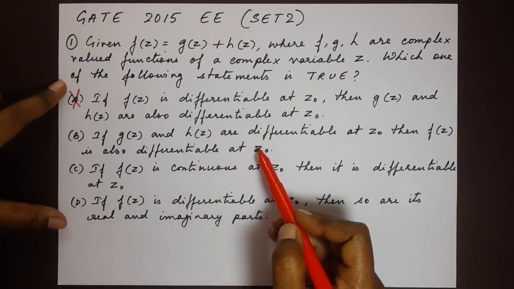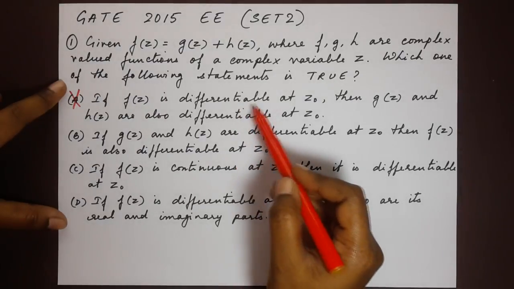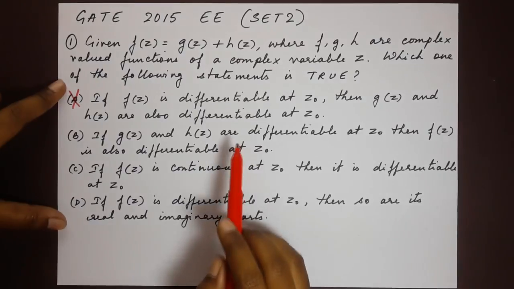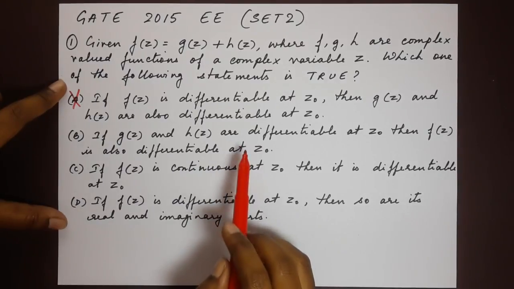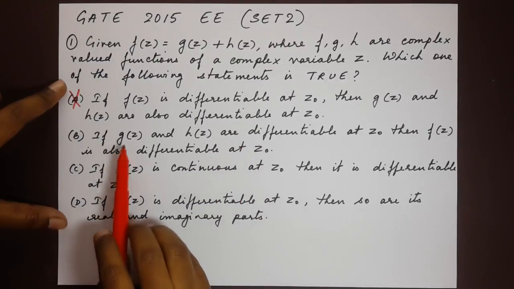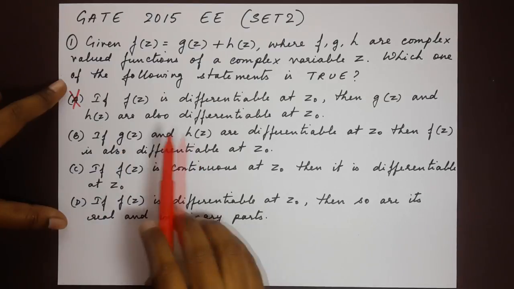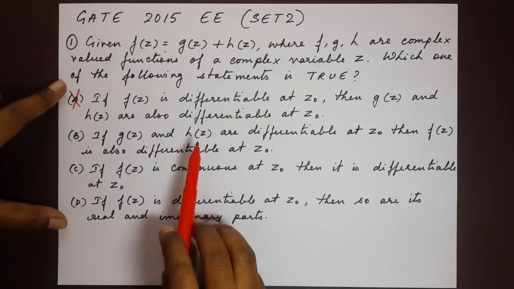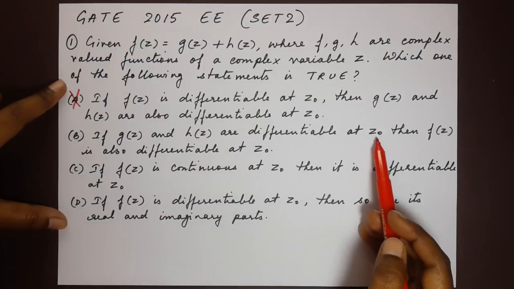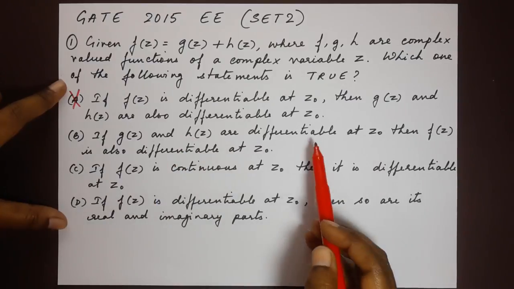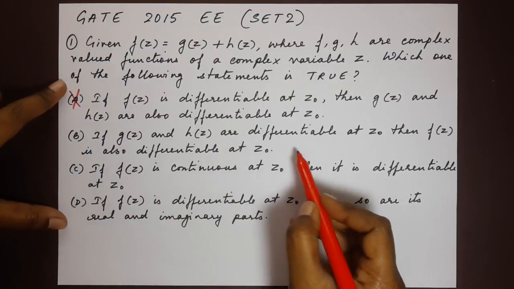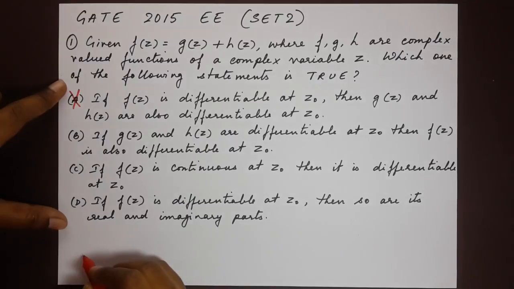This is sort of an opposite of statement A. Here B is actually true, because if g(z) and h(z), two individual complex functions, are differentiable at a certain point, then the sum of the two differentiable functions is always differentiable. That is important here. I will note this down. This is an important point.